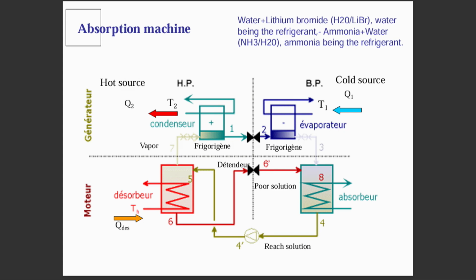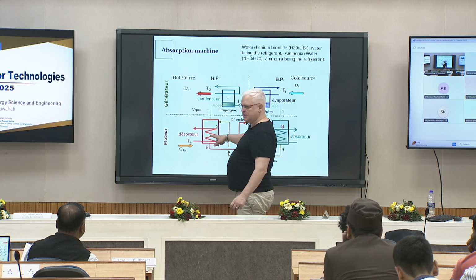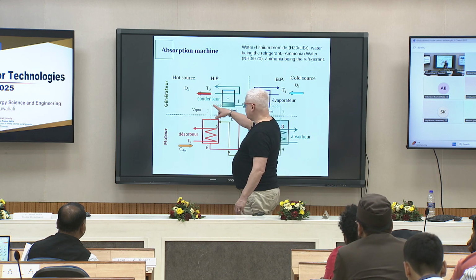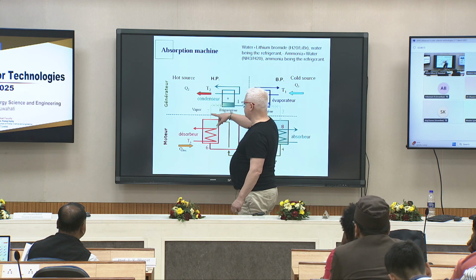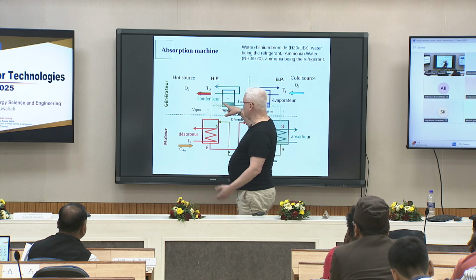So the compressor is out, and we replace it by this. Here you have the injection of solar energy at the desorber level, so you are heating the two couple. The vapor goes to the condenser, so it could be water vapor.